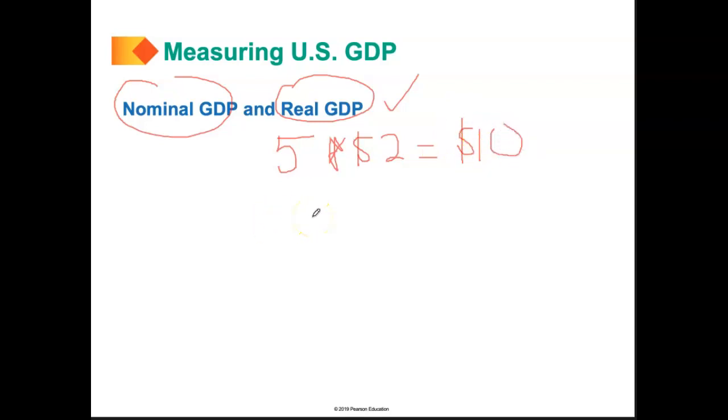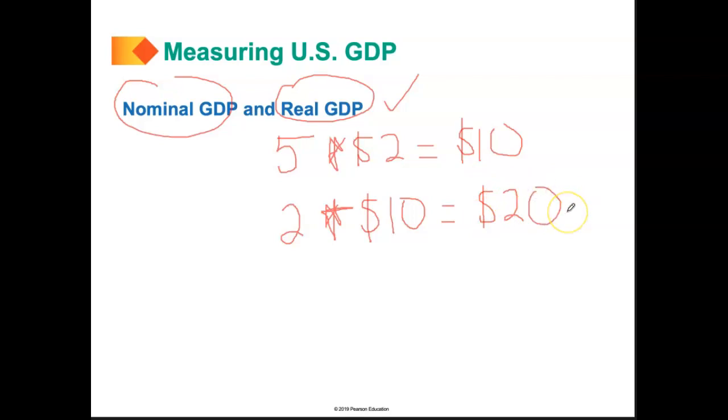But suppose the next year the country is a bit unproductive, maybe the citizens get lazy and they produce only 2 oranges. But maybe due to some supply shock or demand shock, the prices are really high, let's say the price of an orange is $10. GDP is going to be $20, okay?